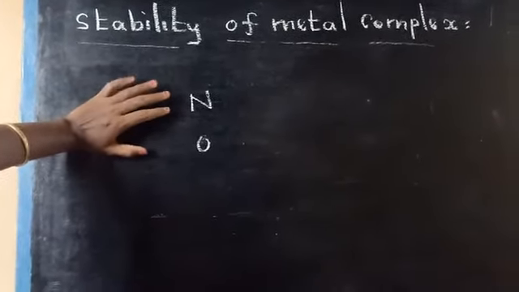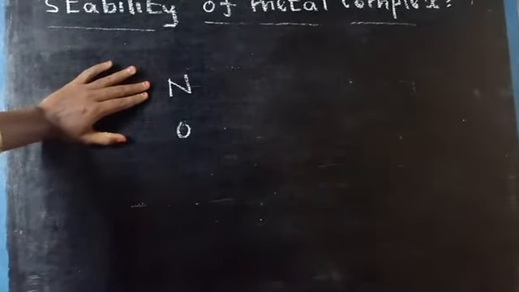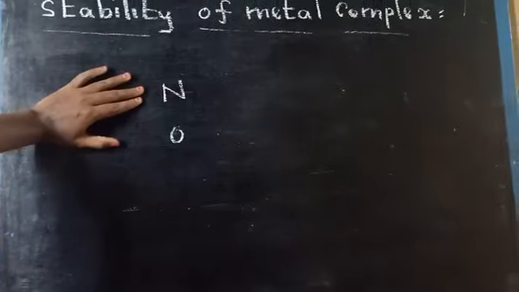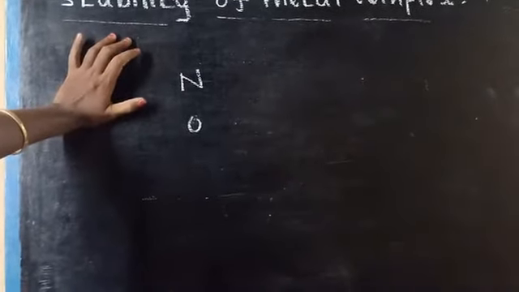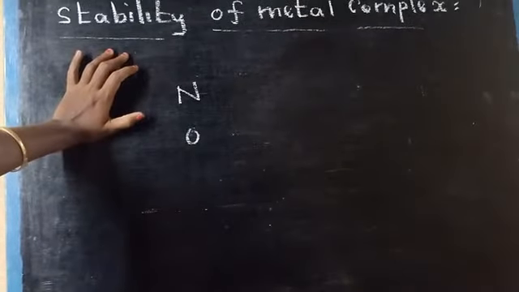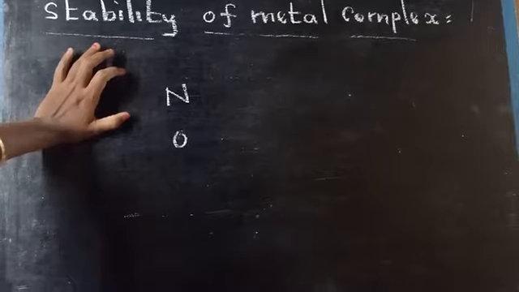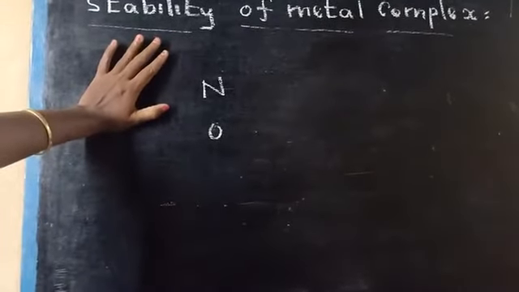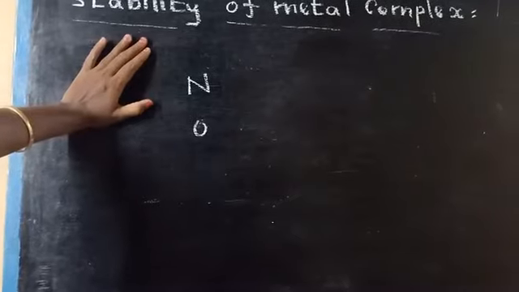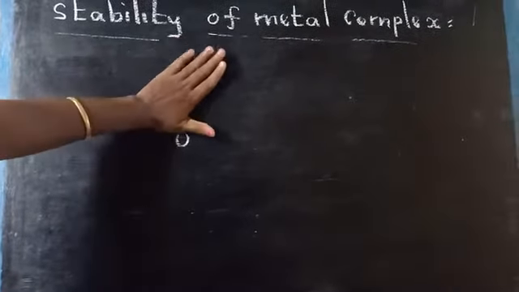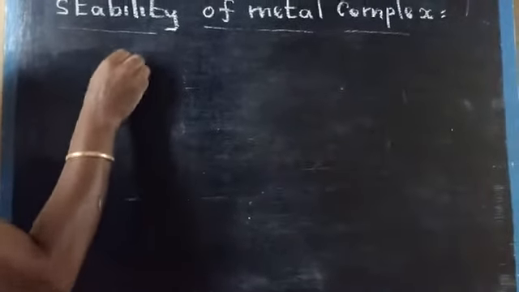At the same time, inert gas elements are also more stable; they do not react with anything else. Now we studied in coordination complexes the stability of the complex. The stability of the complex is explained in two ways: one is thermodynamic and the other is kinetic stability.